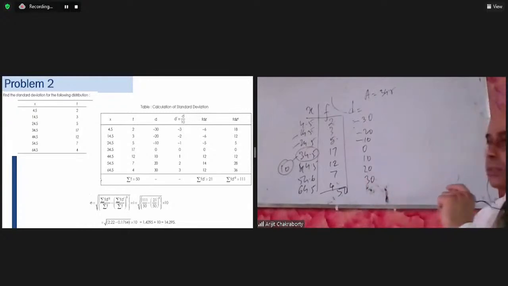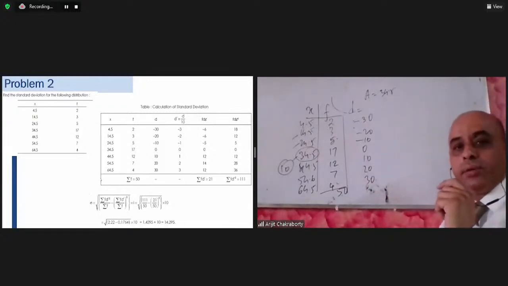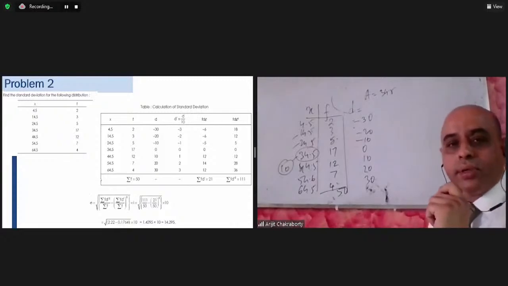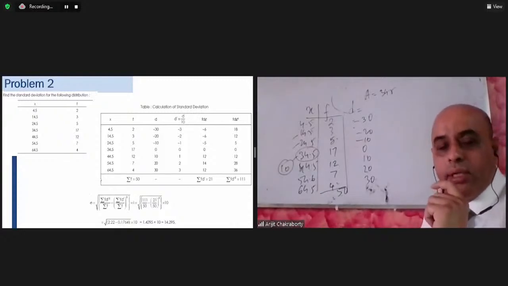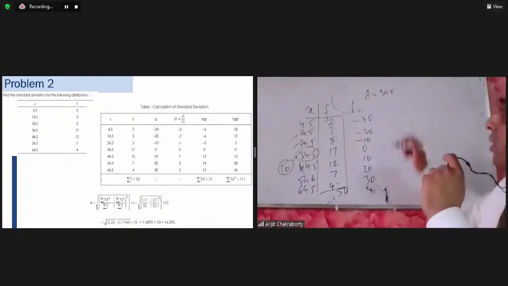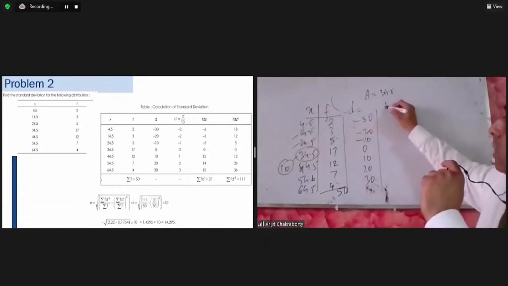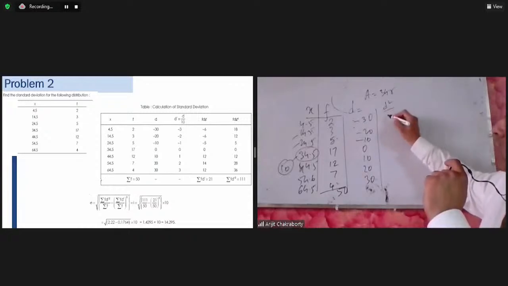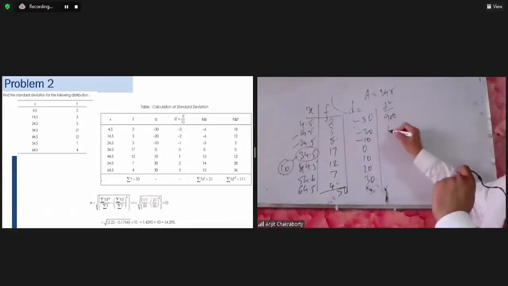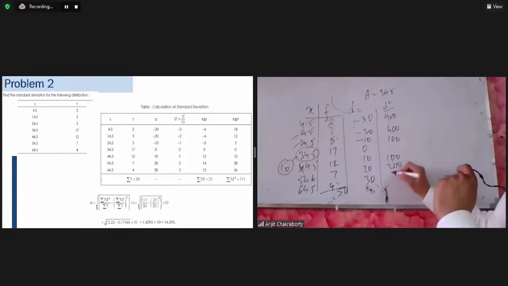Instead of going for D dash, let us see if we can directly go into FD and FD square. Now, the point is it will become bigger, as you can see. If D is this, then D square becomes 900, 400, 100, again 100, 400, and 900.